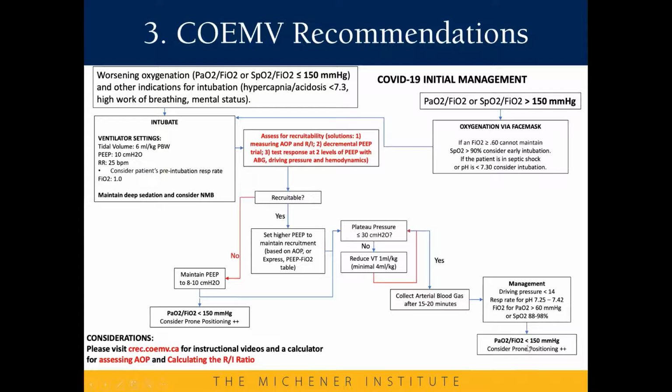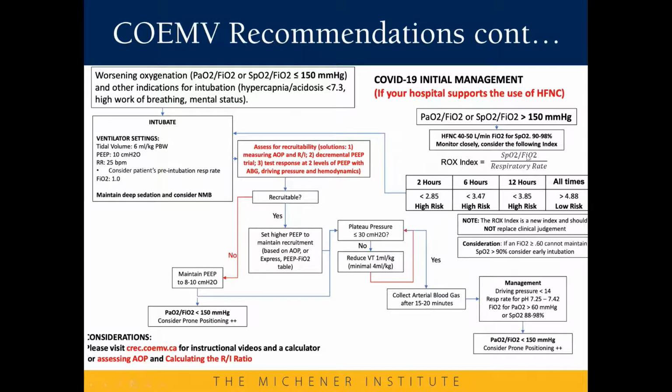Okay, and if our PF ratio is less than 150, we can also consider proning this patient. The next slide I included, I don't know if it's being used, so I just included it just in case, but it's if your hospital is using high flow nasal cannulas.